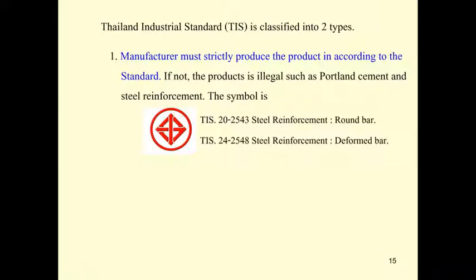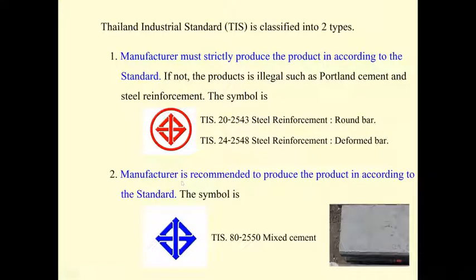For example, Portland cement must be produced following this. And for the other type, the manufacturer may or may not produce the product in accordance with the standard. If they produce it according to the standard, they get this symbol. For example, like mixed cement.